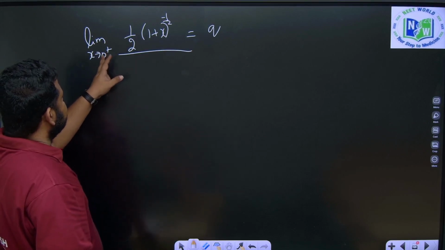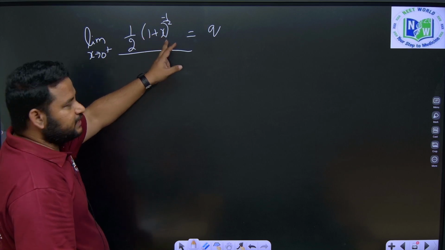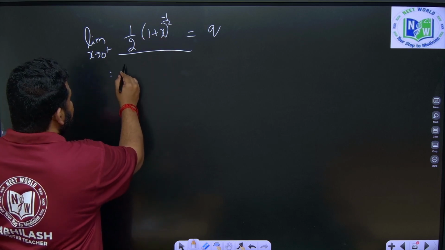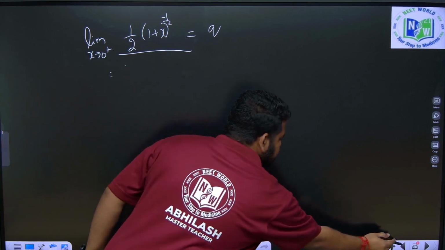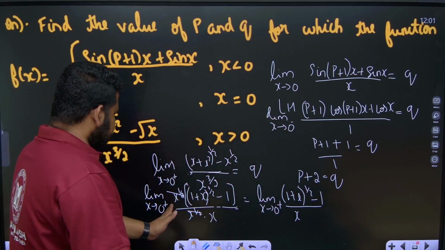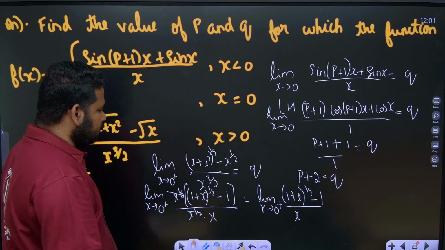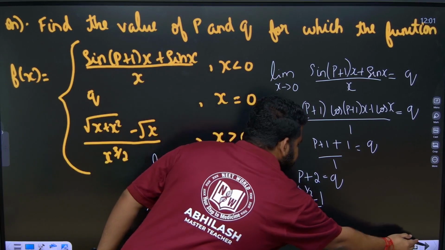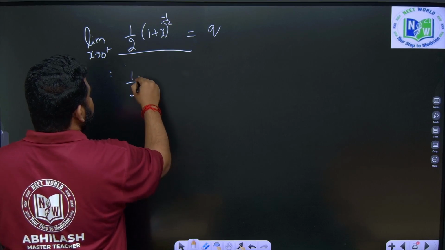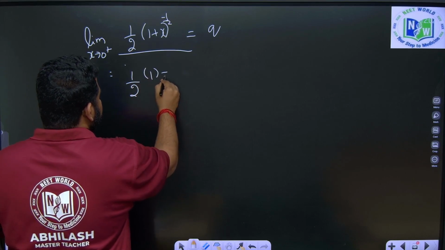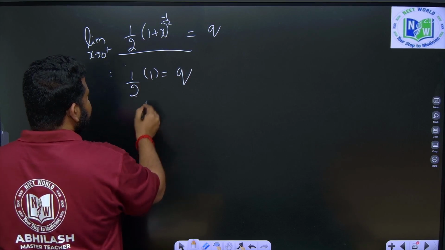Now if I put x is equal to 0, this will become 1 by 2 into 1 plus 0, which is nothing but 1 itself. So q will be equal to 1 by 2.